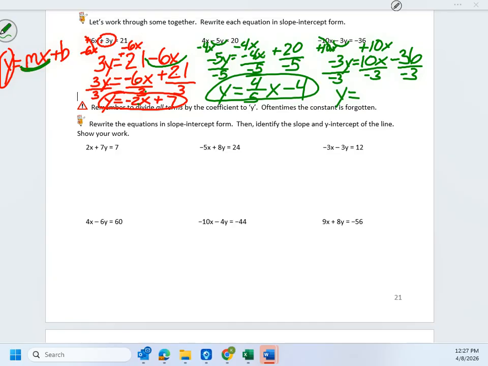Can I get a whole number out of that? Nope. Can I simplify 10 over 3 at all? Nope. So it's going to be a negative 10/3 x. What's negative 36 divided by negative 3? Finley? 12. It's a positive 12, so it's a plus 12.